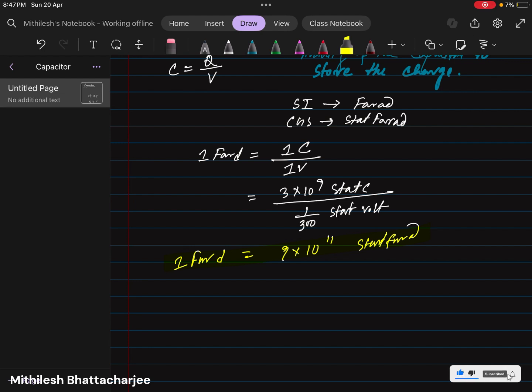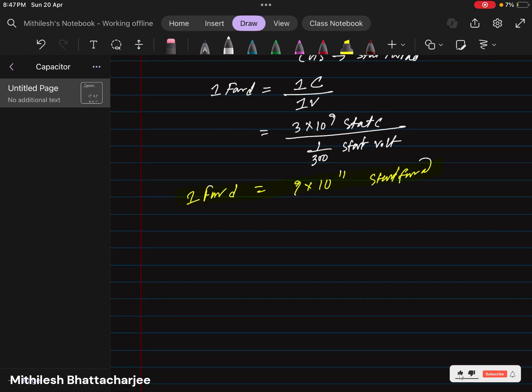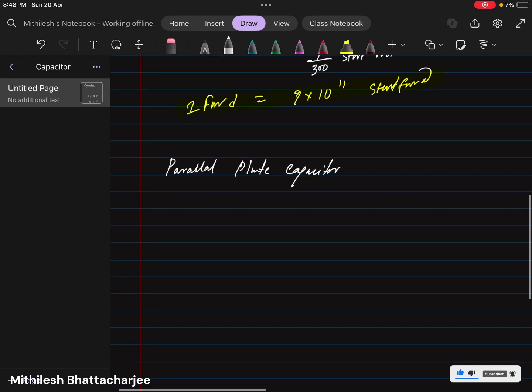Fine. Now we'll go to the capacitance of the parallel plate capacitor. Okay, so put the heading parallel plate capacitor. This is one plate and this is another plate.